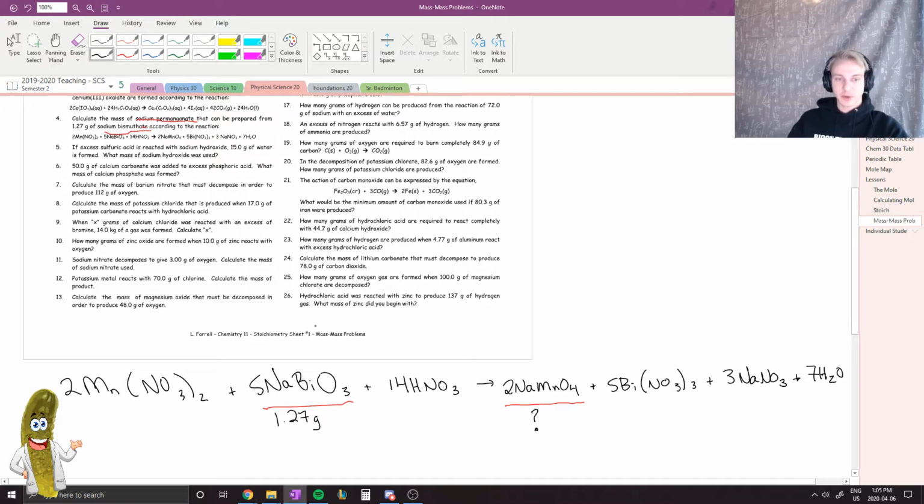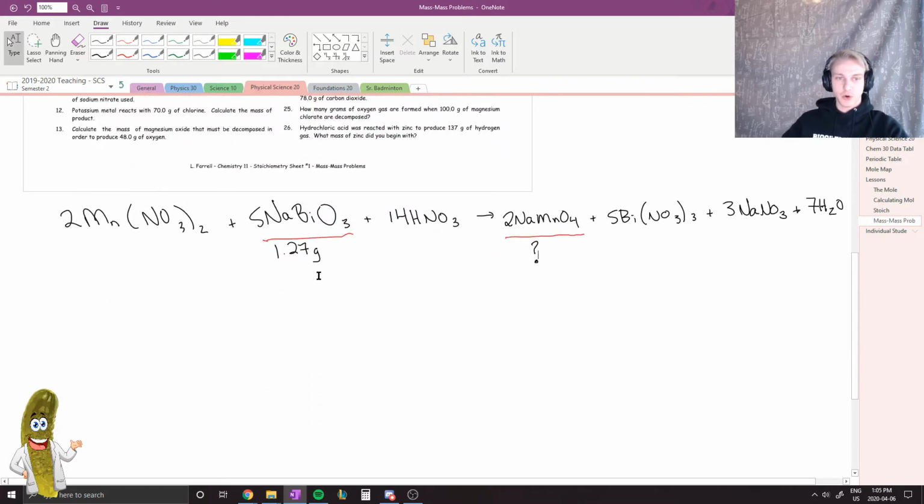Very simply, we go from the sodium bismuthate from grams to moles, then convert to moles of the sodium permanganate, and then go into the grams of this sodium permanganate.